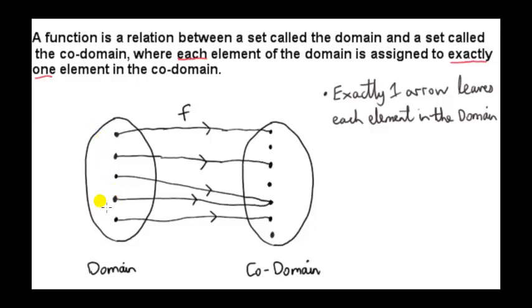Let's say this element is n. Well, its image will be f of n. If this element is called p, well, its image is f of p. But you can see in this case that f of n is equal to f of p.